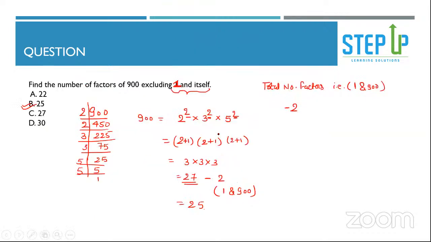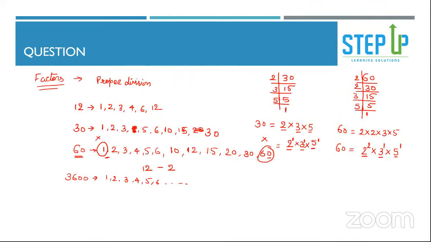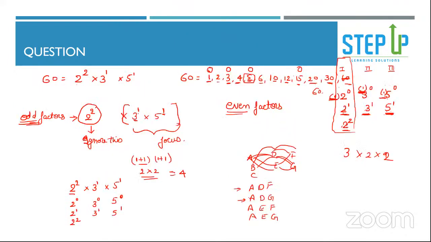If they are asking you the number which is divisible by 2, the number which is an even factor, it means that number has to be divisible by 2. So we will not add this one. This number is not playing any role, so we will not add it.